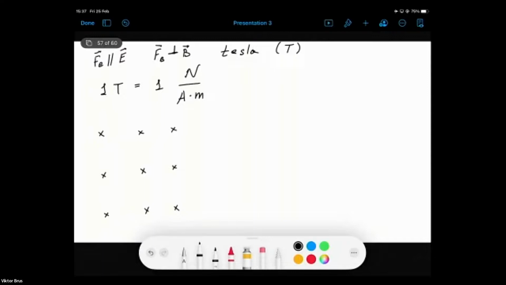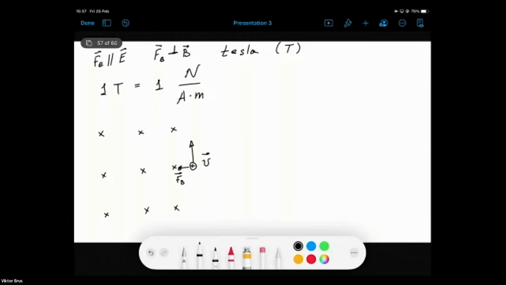So we can consider some positive charge, which is moving with velocity vector v, and there will be some magnetic force exerted on this charge.